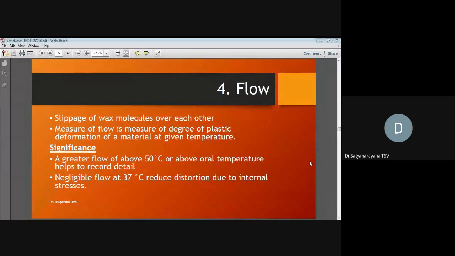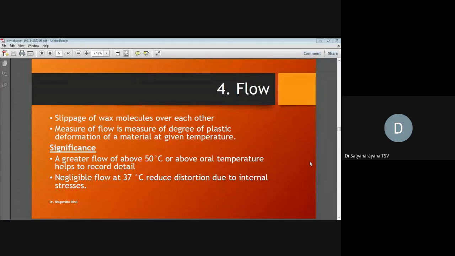But what is important here is negligible flow at this temperature in degrees centigrade. Because of this, distortion due to internal stresses will get reduced. Understood?